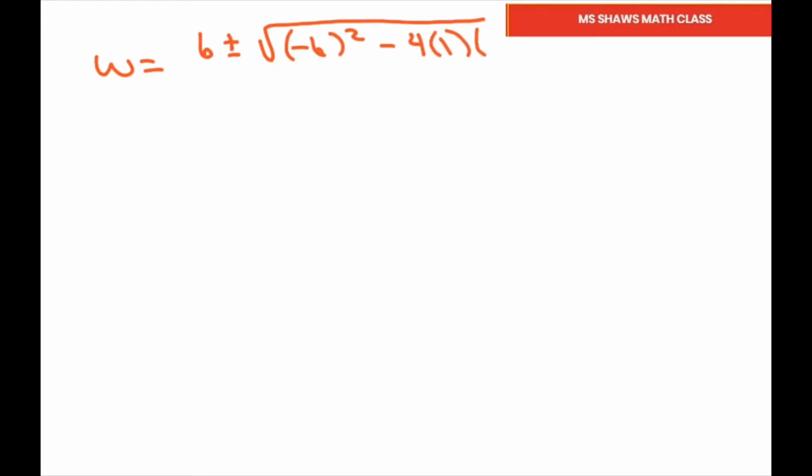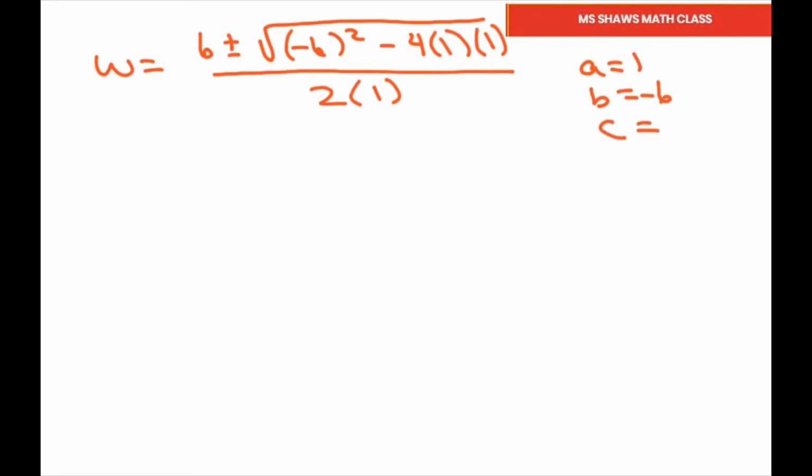So we're going to use the quadratic formula. That would be w equals 6 plus or minus the square root of negative 6 squared minus 4 times a times c, all over 2 times a. Just remember, a was 1, b was negative 6, and c was 1.